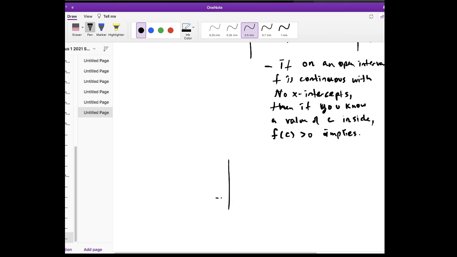So here's an open interval, and we have no x-intercepts. So it's never going to hit the x-axis. Moreover, it's continuous. And if f prime of c is bigger than 0, just for one value, what does it tell you about all of f?